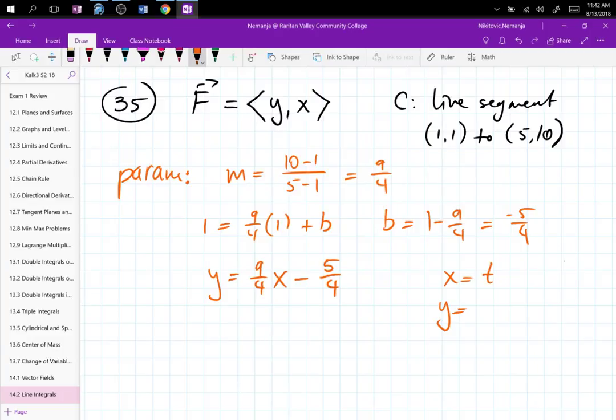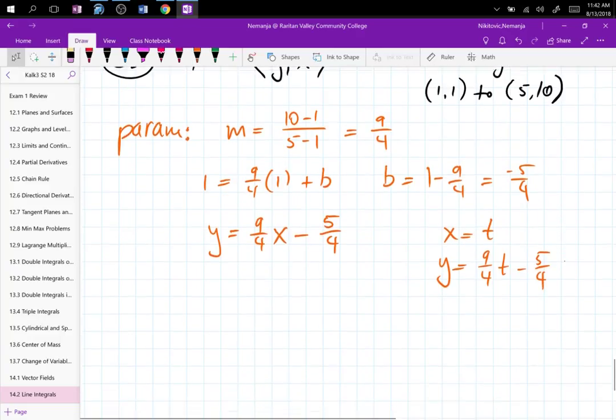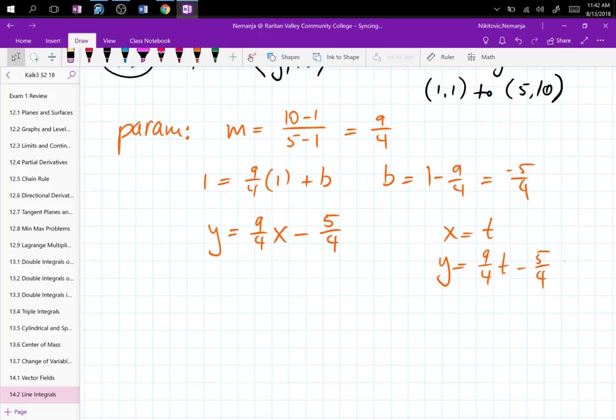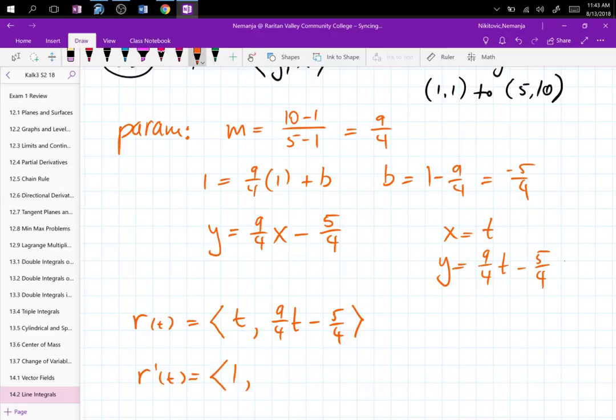Such is life. Good effort over there. Because it will remove the 9 quarters, but 5 quarters will stay. So whatever. Here we go. So now r of t is given as t, comma, 9 quarters t minus 5 quarters, giving us that our r prime of t is 1 and 9 quarters.